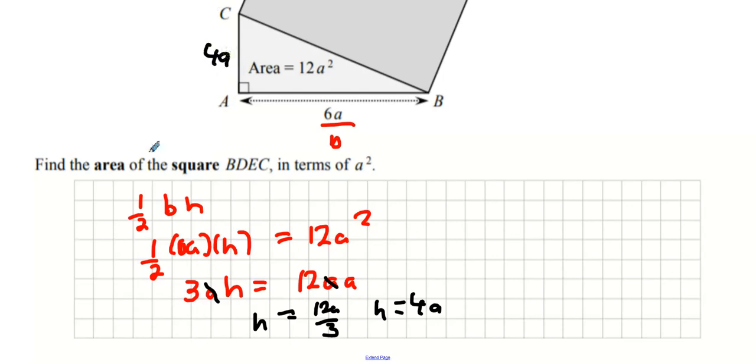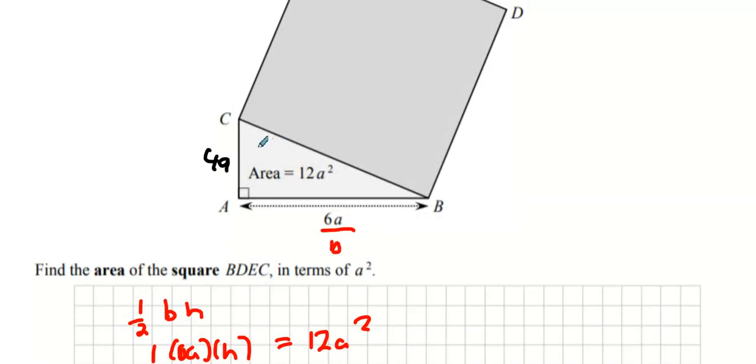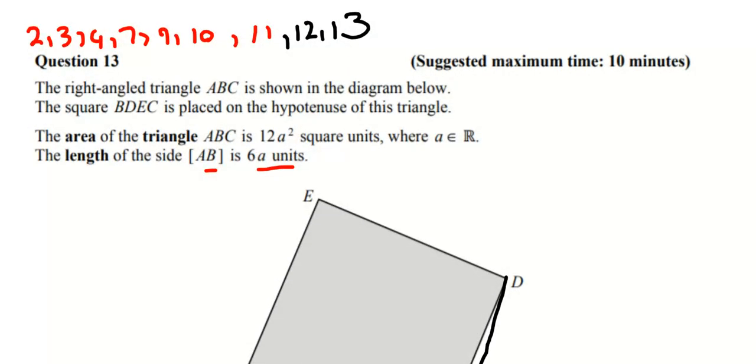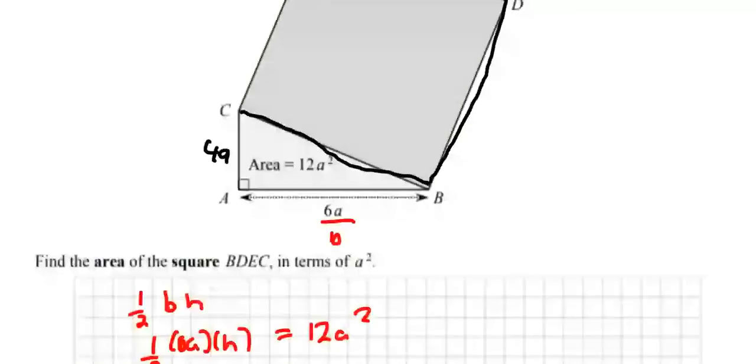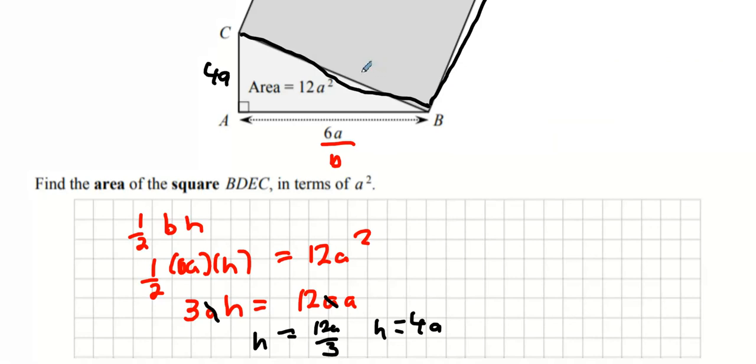Now what I need to do is calculate what CB is using Pythagoras' theorem. And if I know what CB is, then I know the length and the width of the square, because they're the same size because it's a square. Okay, so I'm going to use Pythagoras' theorem. I'm going to call this x. So x squared equals (4a) squared plus (6a) squared.